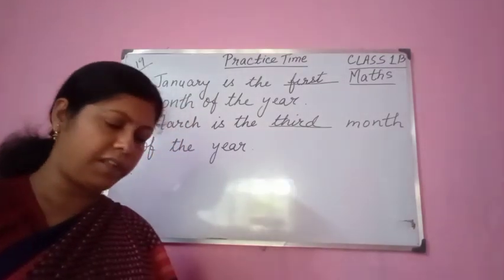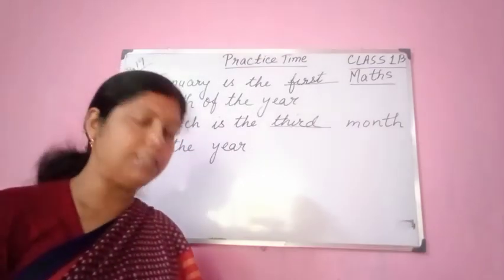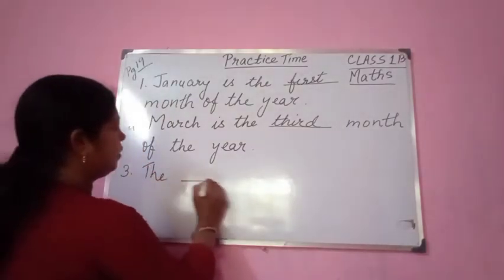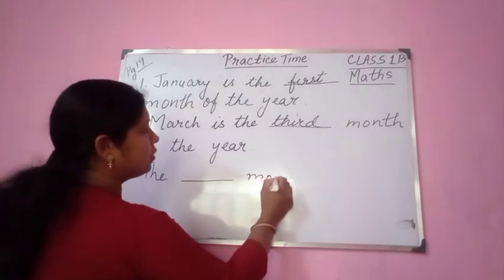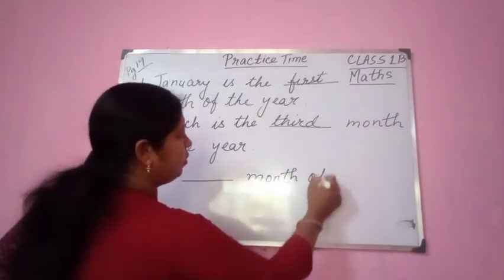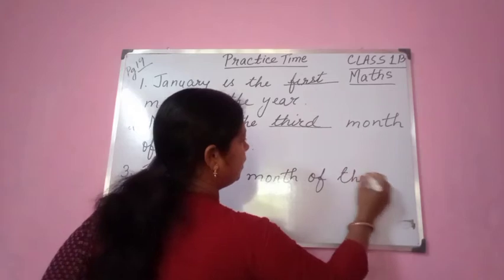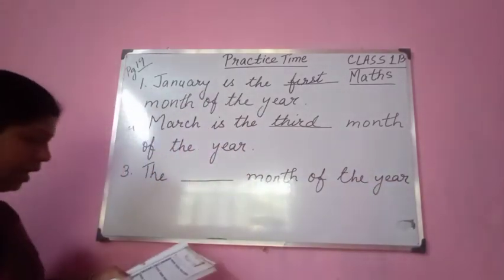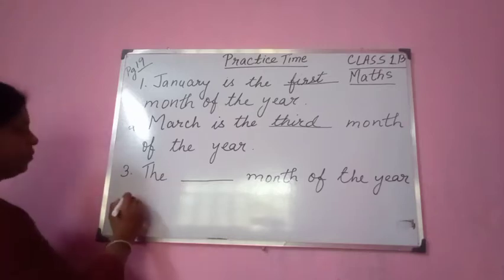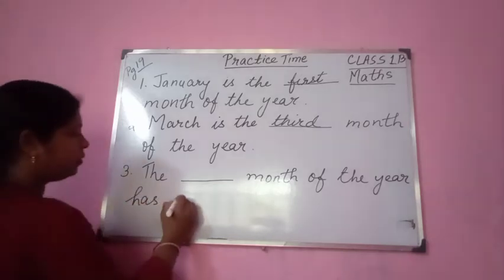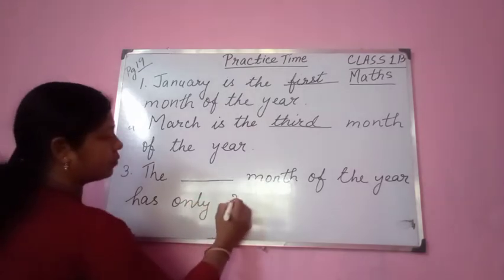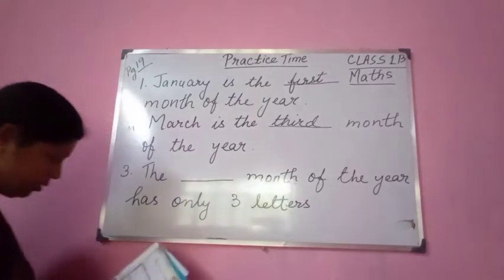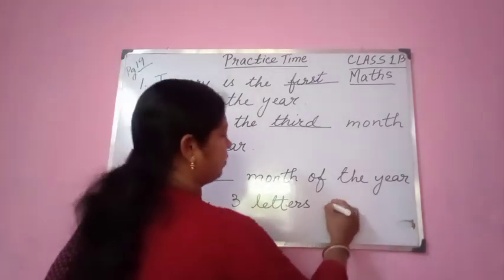The dash month of the year has only 3 letters in its name.